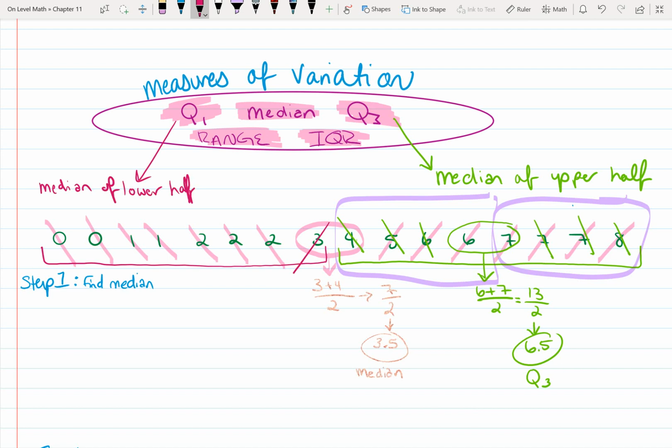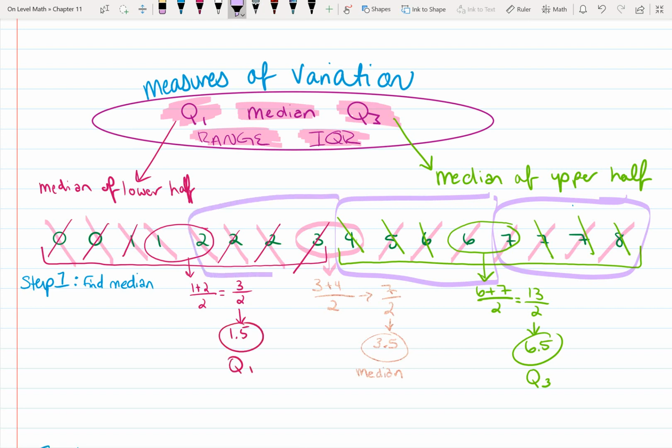Right, left, right, left, right, left. Now I've got the 1 and 2, I treat it the same way. 1 plus 2 divided by 2, 3 divided by 2, which is 1.5. And that's our quartile 1.